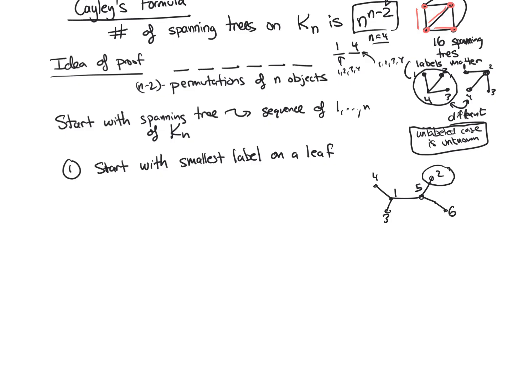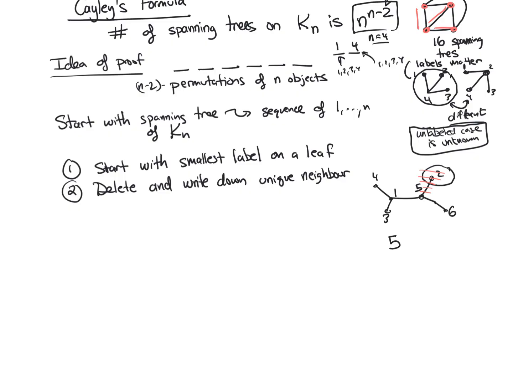We're going to delete it and then write down the unique neighbor. Here the smallest label was 2, so we delete 2 from the picture and write down 5.